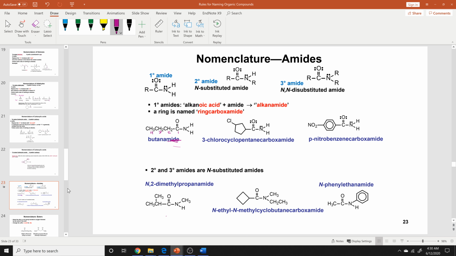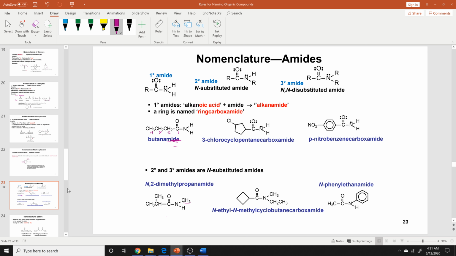Same thing over there. This is an example that we did. Now this one is an amide and not an amine. So it's going to be N, N-dimethyl.